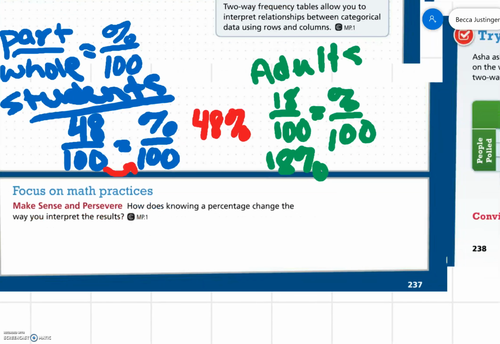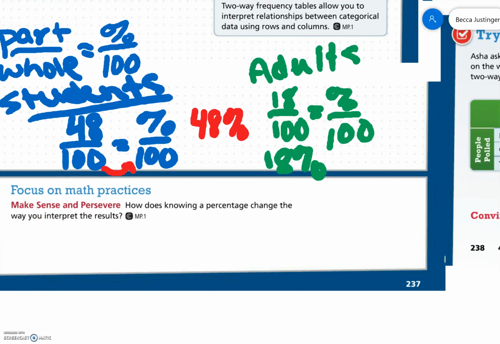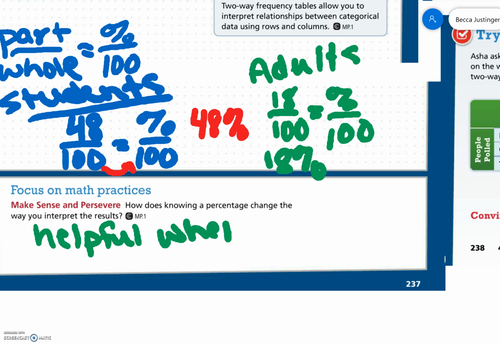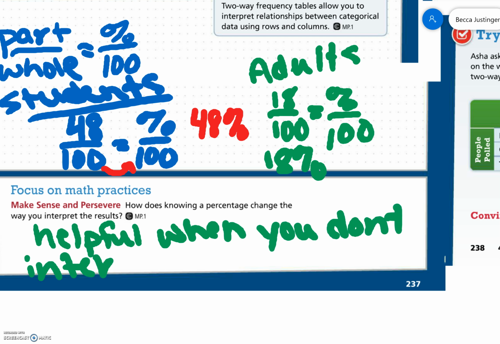How does knowing a percentage change the way you interpret the results? Well, that is helpful when you don't interview the same amount of people. So it's a better comparison.